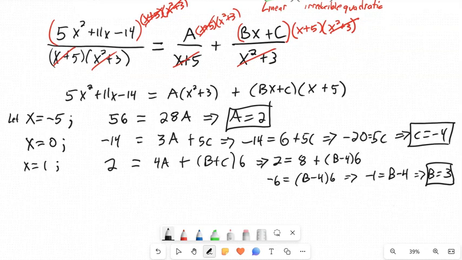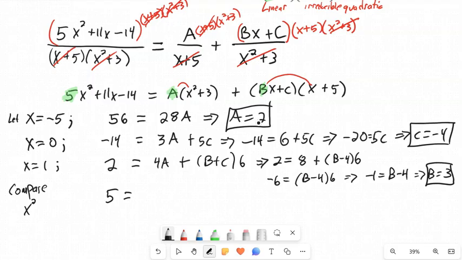Another approach would be to compare, for example, the x squared coefficients. On the left, we have 5 of the x squareds. On the right, we will have a of the x squareds and b of the x squareds. That would give us an equation 5 equals a plus b.